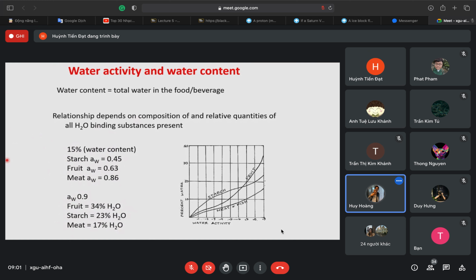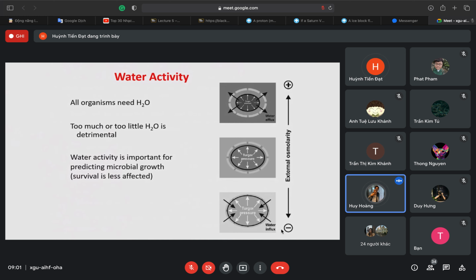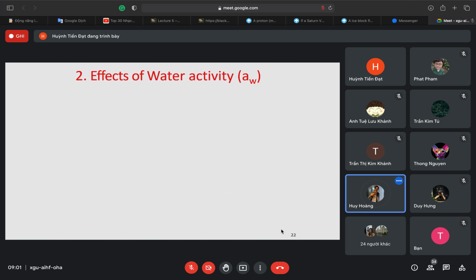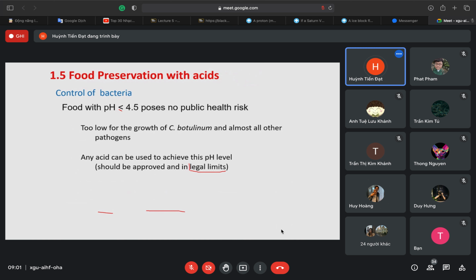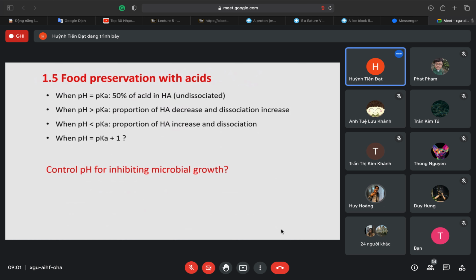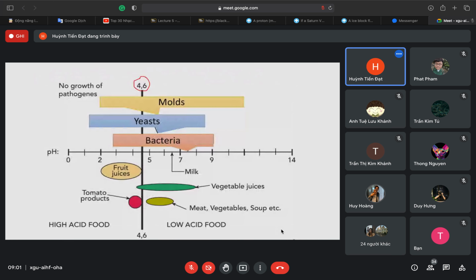Teacher, I have a question related to the previous part. As you mentioned, the 4.6 pH value, I see that even below that range of pH, the mold, the yeast, the bacteria still can grow.